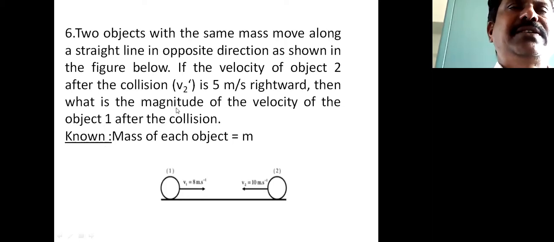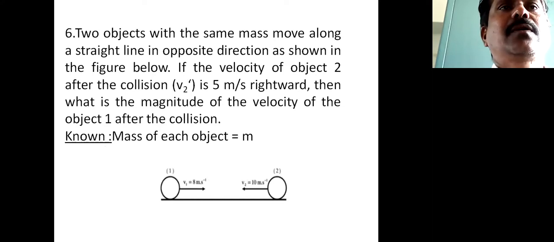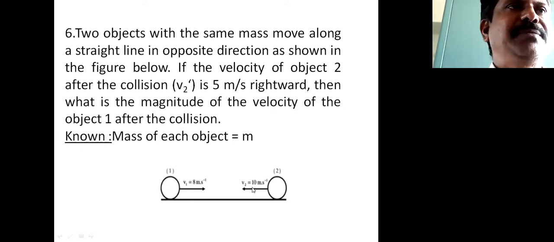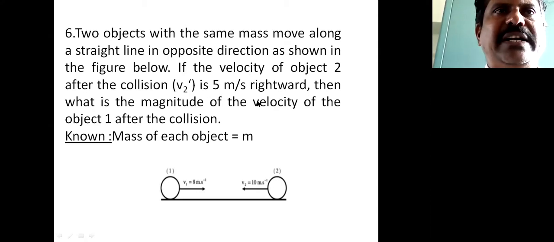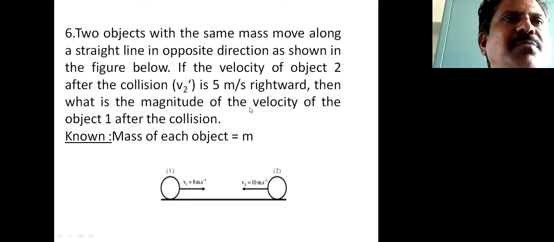Two objects with the same mass move along a straight line in opposite directions, as shown in this figure. If the velocity of object 2 after collision, v2 dash, is 5 meter per second rightward, what is the magnitude of the velocity of object 1 after the collision?